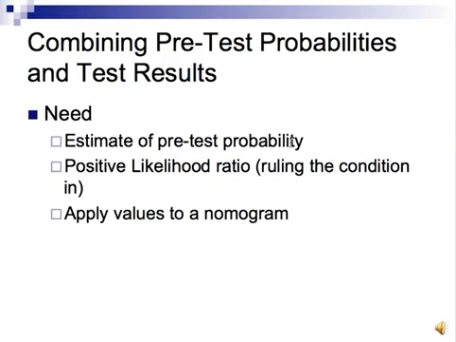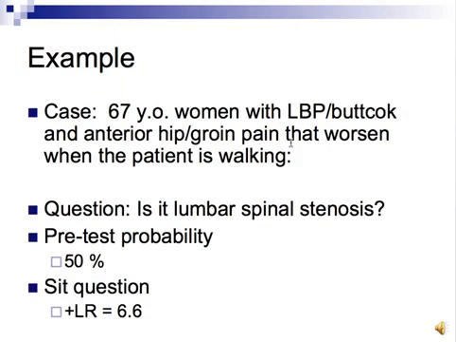So basically, you're combining pretest probabilities and test results, and so you need an estimate of pretest probability from prevalence, and then you're going to use your likelihood ratios to look at how this applies to your thinking. In order to do that, you're going to need something called a nomogram. Okay, so let's stick with our example.